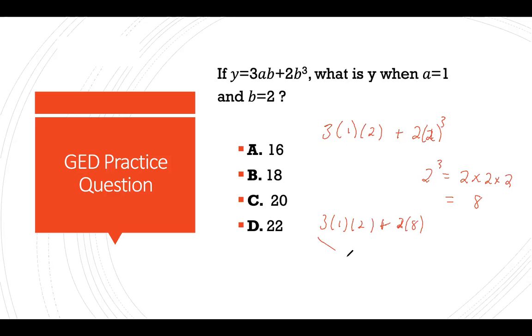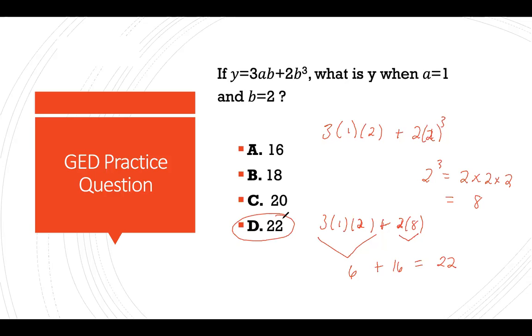What's 3 times 1 times 2? 3 times 1 is 3, times 2 is 6. Good. And what's 2 times 8? 16. Good. So what's 6 plus 16? 22. So that's going to be my answer.